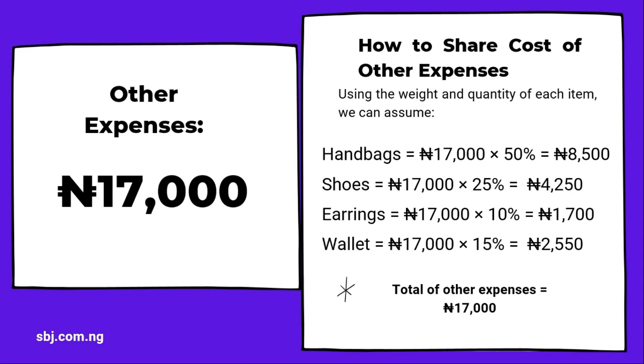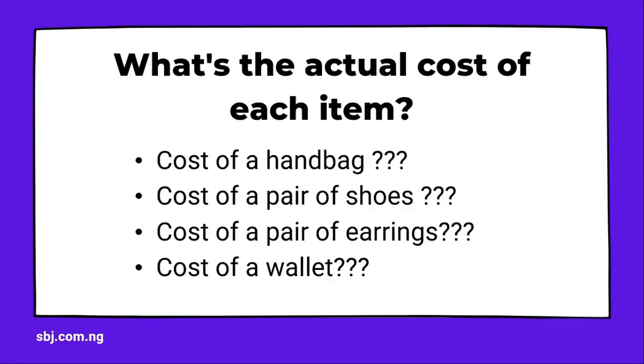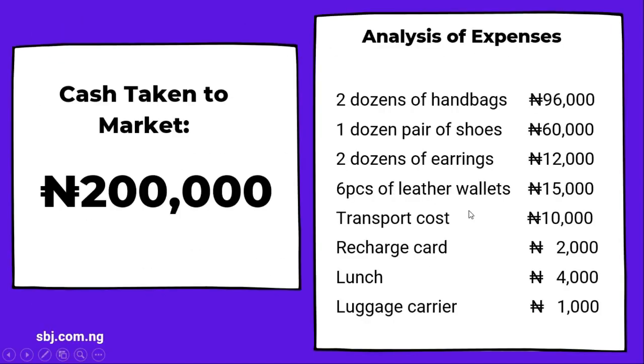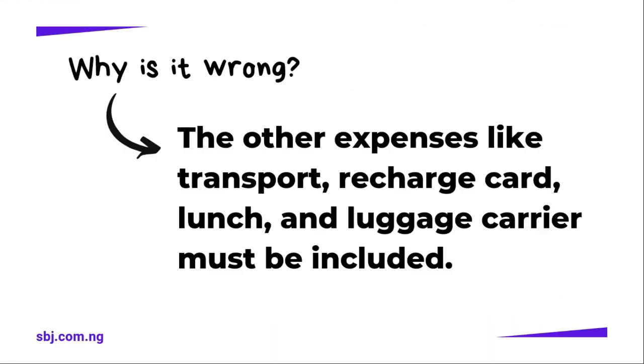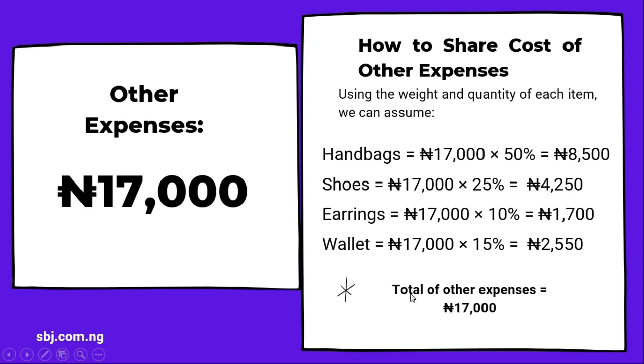Now, if you look at the cost of each of them, they add up to 17,000 naira. Let's see. Your transport cost is 10,000. Your recharge card is 2,000. Your lunch is 4,000. Luggage carrier is 1,000 naira. So everything is adding up to 17,000 naira.